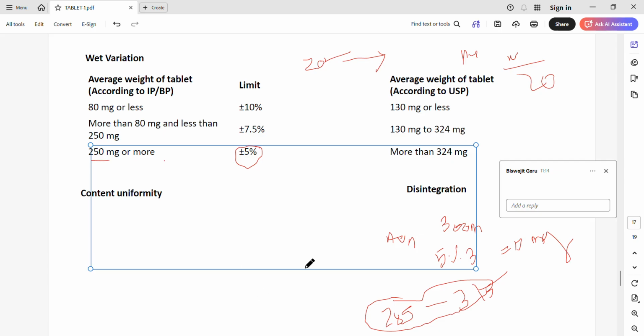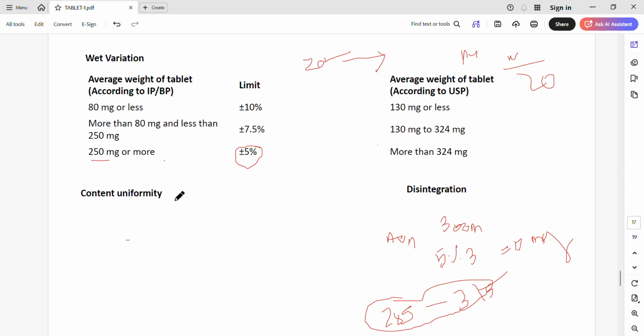Now we discuss content uniformity. We take 10 tablets and dissolve them in a proper solvent to prepare a solution. We perform the analysis by HPLC or UV.